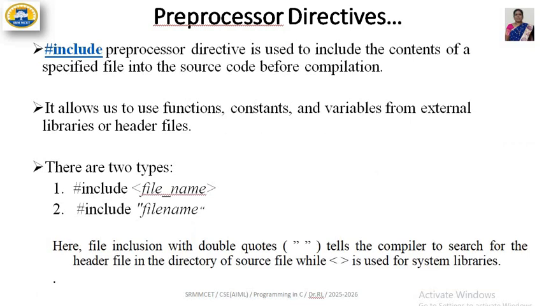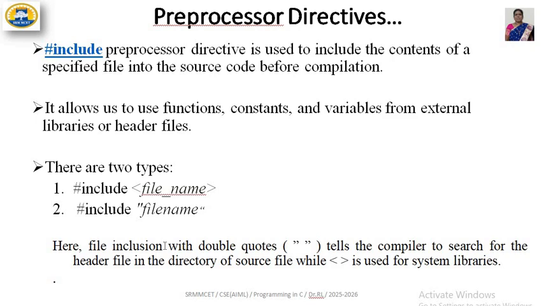Next, another preprocessor directive, #include. The #include preprocessor directive is used to include the content of a specified file into the source code before compilation. It allows us to use functions, constants and variables from external libraries or header files. There are two types of include preprocessor directives.